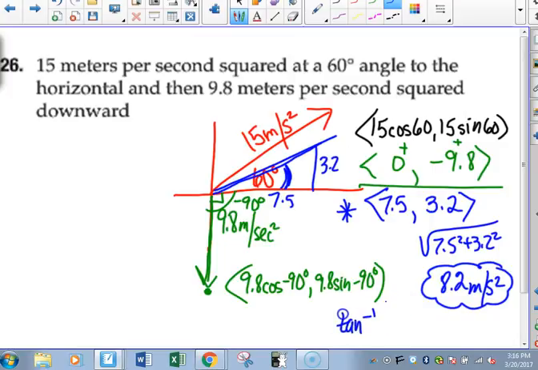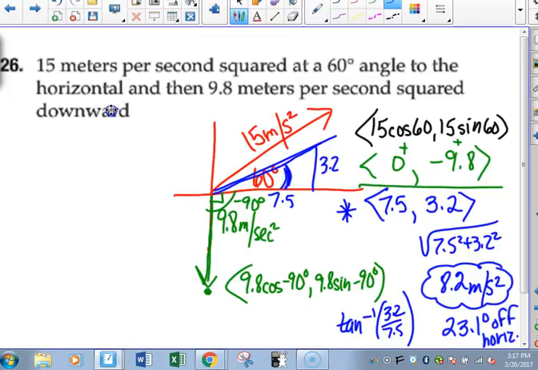Inverse tangent of 3.2 over 7.5. Oh, I don't know what I typed. Somebody have an answer? 23.1? And that's off the horizontal, which is how they gave us this one. So it seems okay to me.